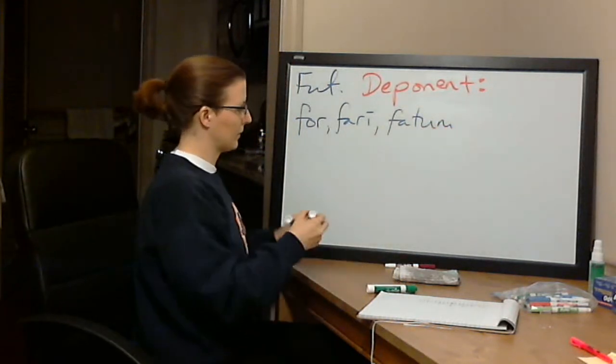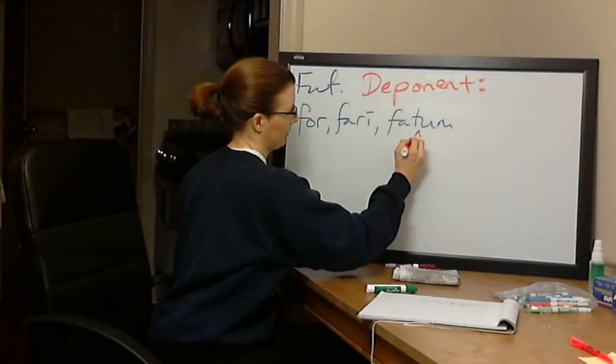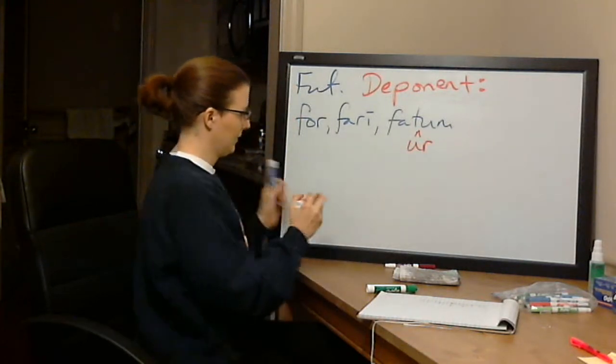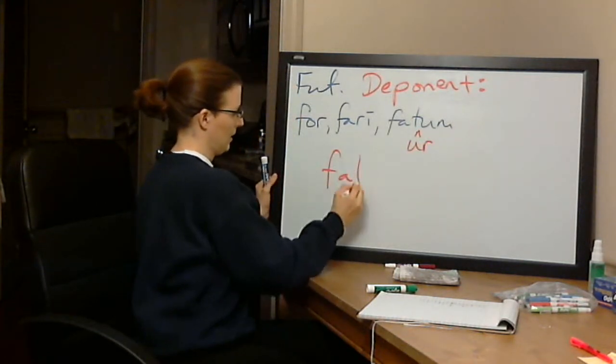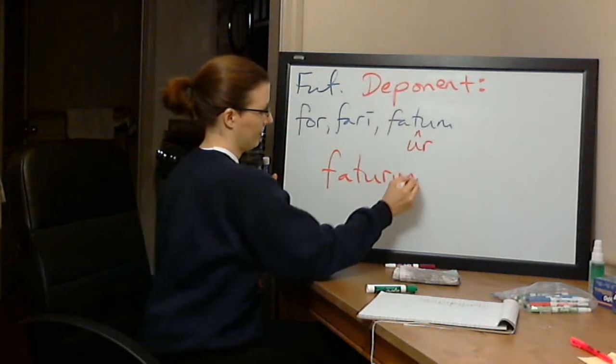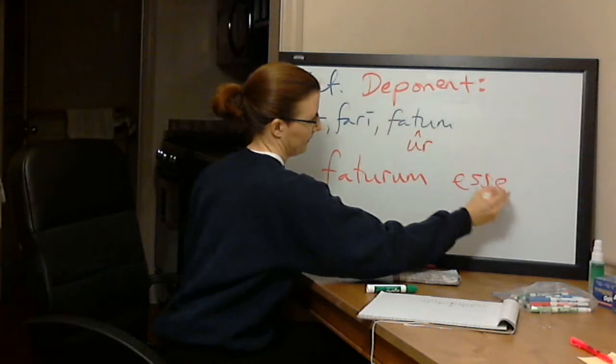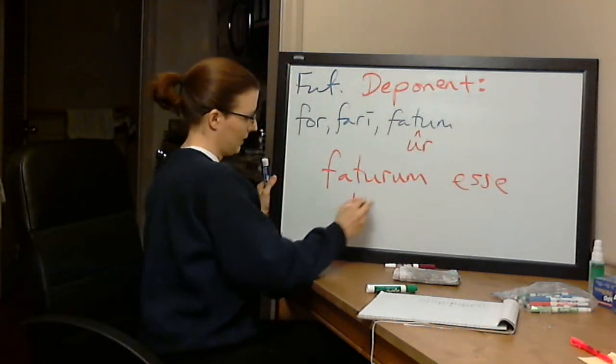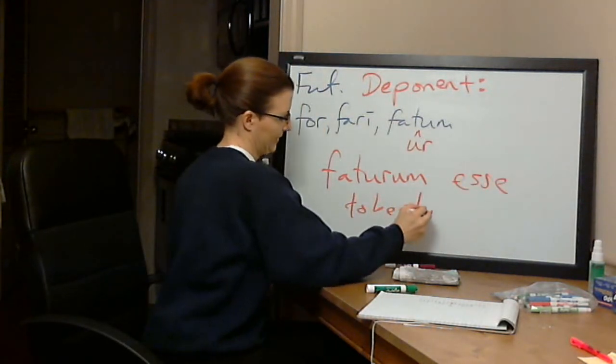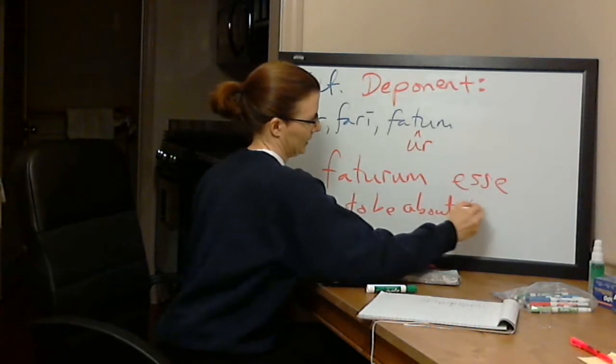In the middle of this, we're going to insert those letters UR. So we end up with faturum, and then we're going to have an esse, and to be about to say.